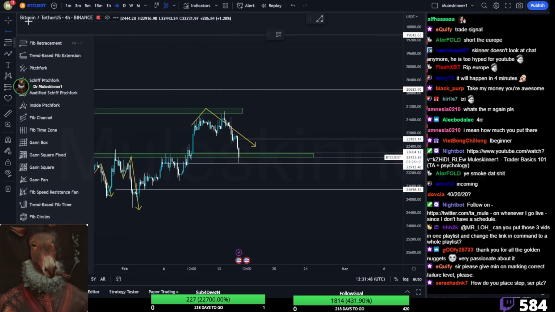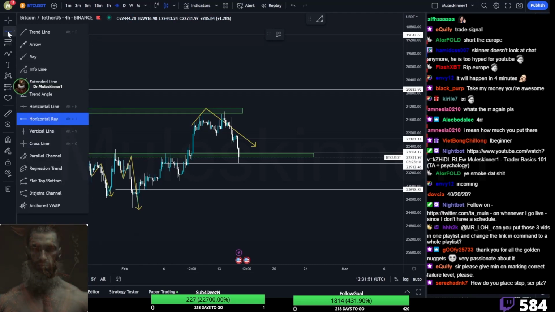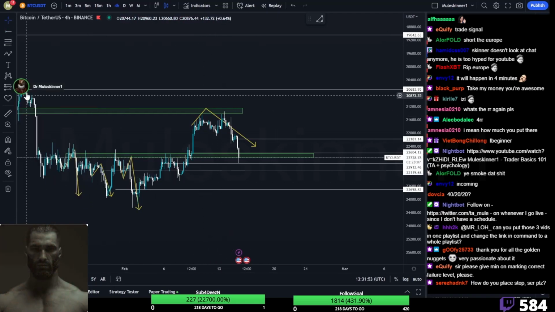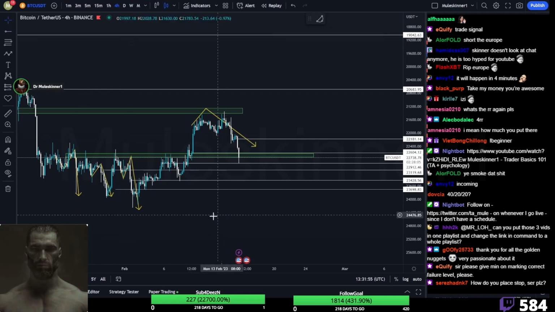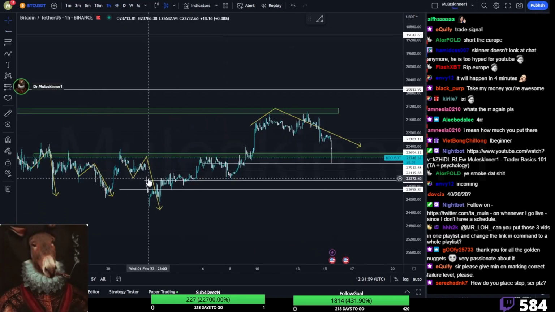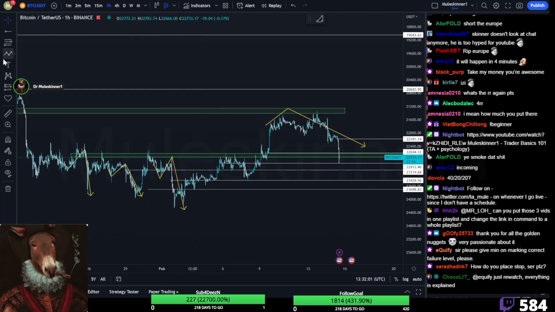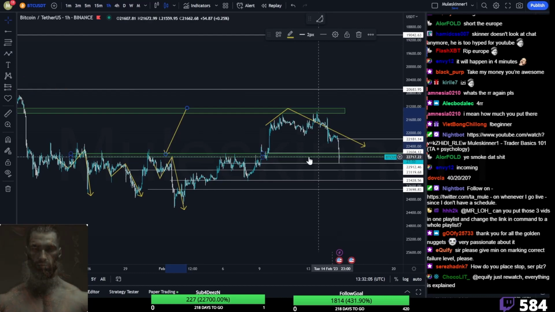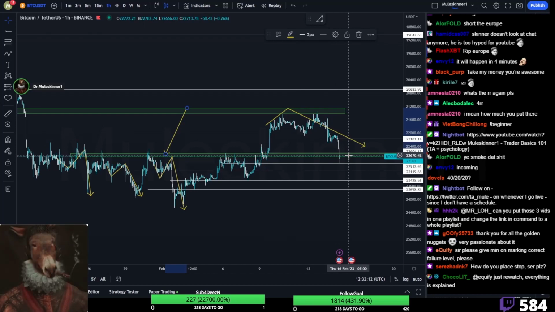Okay, we've already held and tested the level. We already did this one, and this one, which is the most local one on the hourly. Very local one. So the only one that we needed to retest was this one, which we just did today. That's why when we were here somewhere, I was looking for it to come down and retest this level.